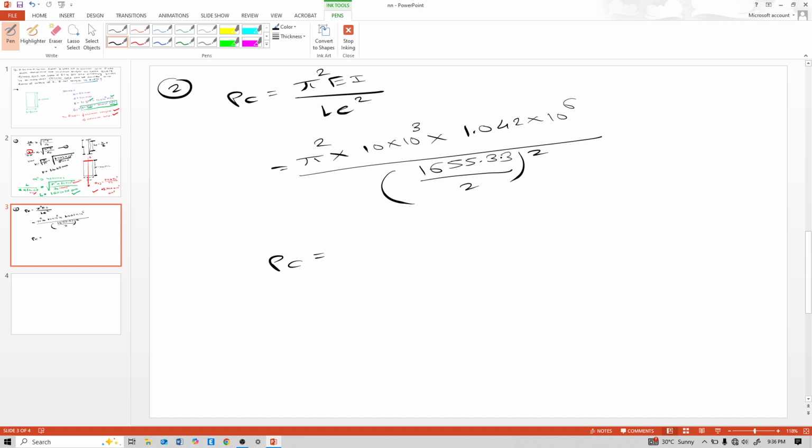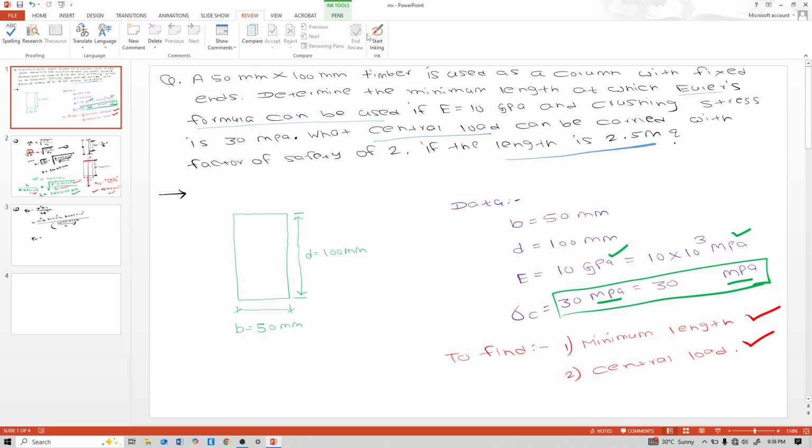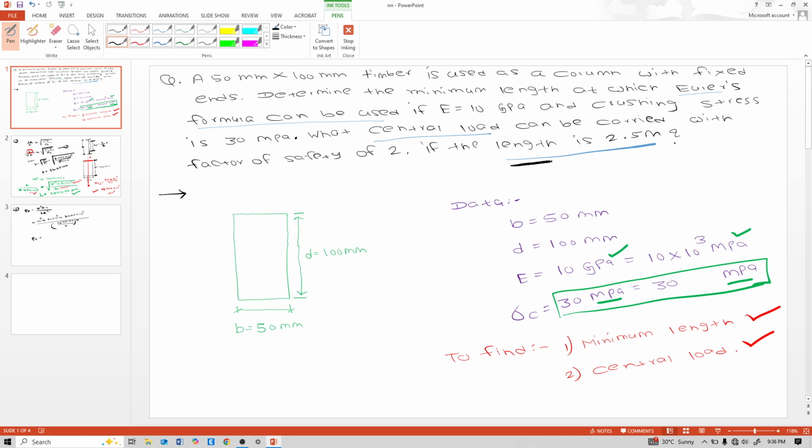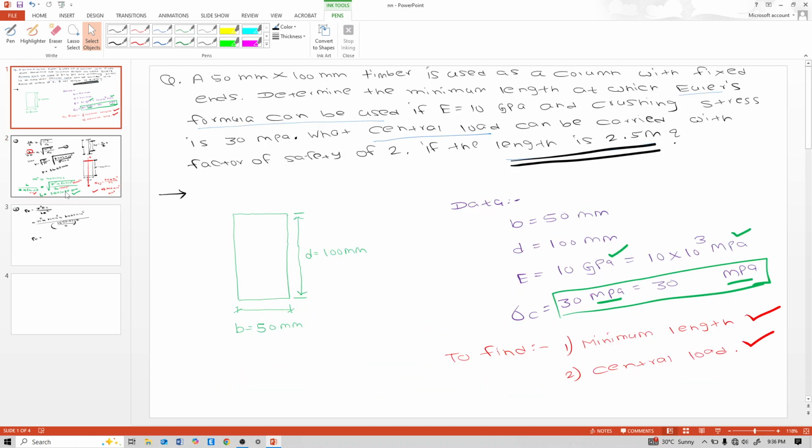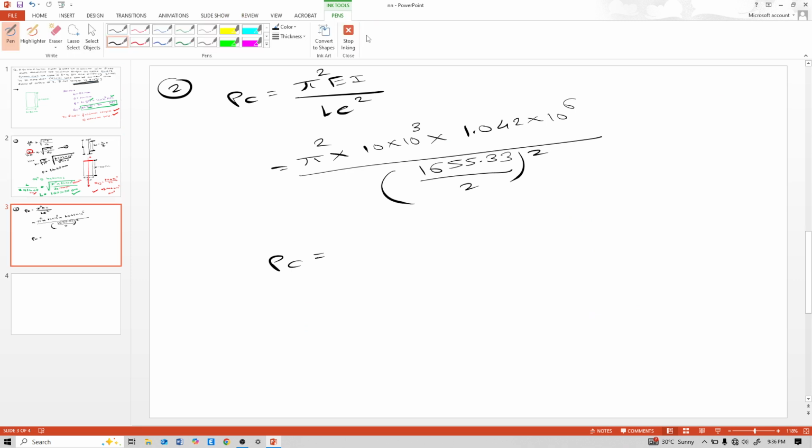Wait, we made a mistake again. See, understanding the question: the length is 2.5 meter. This is also important; the question is interested not in that minimum length but in the 2.5 meter length. So right here, 2500. Pi square into 10 into 10 raised to 3 into 1.042 into 10 raised to 6, divided by 2500 by 2 square.